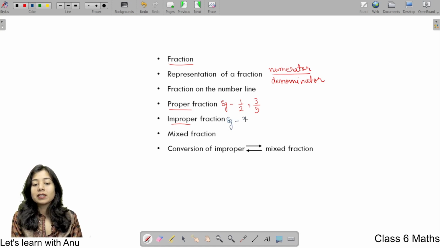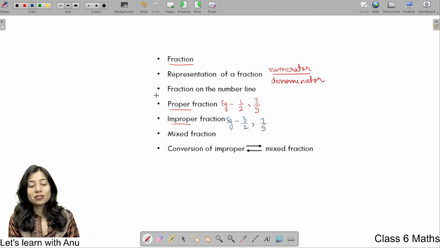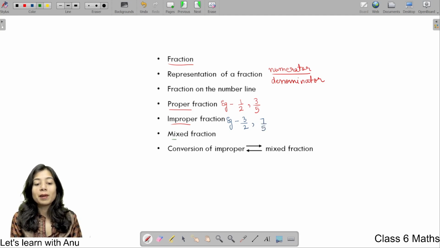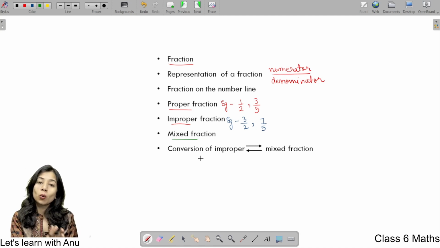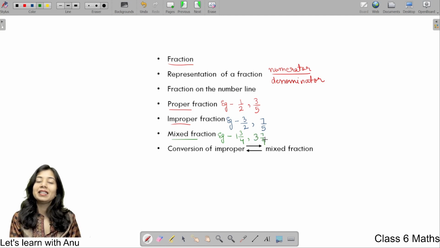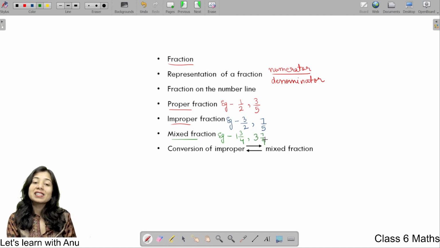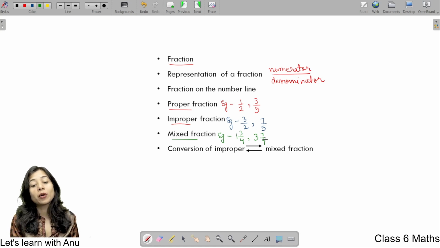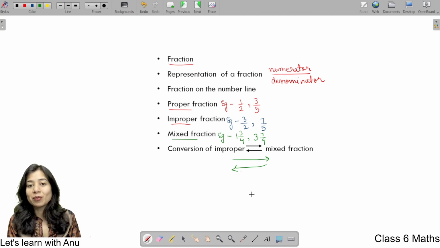Example, 3 by 2, 7 by 5, etc. Then we learned about mixed fractions. A mixed fraction is a combination of a whole number and a proper fraction. Example, 1 3 by 4, 3 7 by 9, etc. Lastly, we learned about conversion of improper fraction into mixed fraction and mixed fraction into improper fraction.